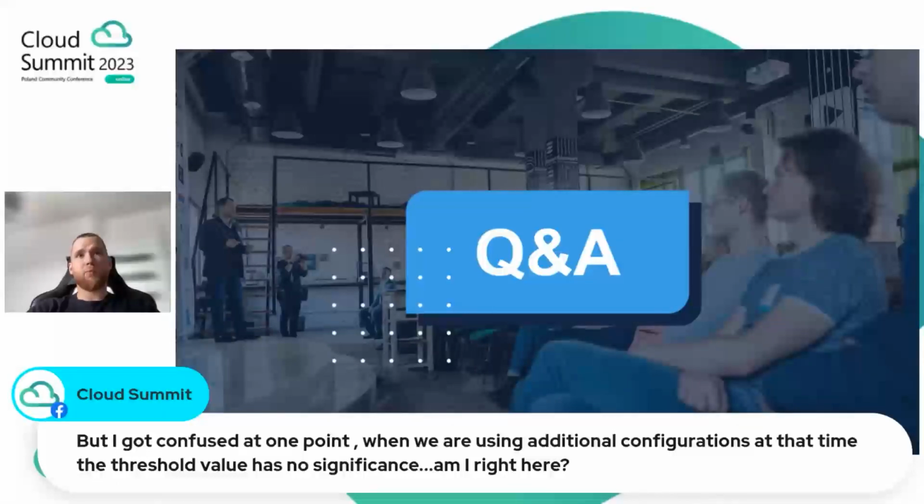I got confused at one point. When we are using additional configuration, at that time, the threshold value has no significance. Am I right here? Didn't get the question. Now, could we clarify this question?